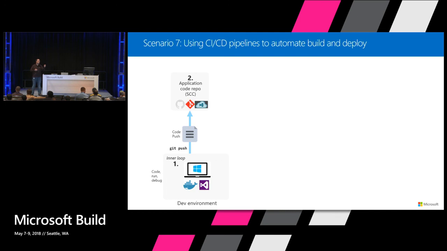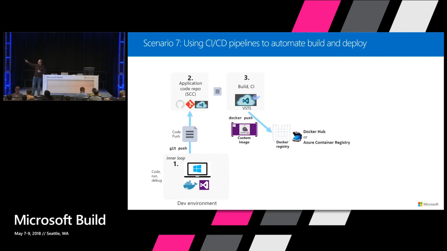So you just push your code, and then you have your CI pipelines, and in there is where you build your code, your bits, and the Docker image. And from your CI pipeline is where you push the image into the Docker registry, Docker Hub or Azure Container Registry.